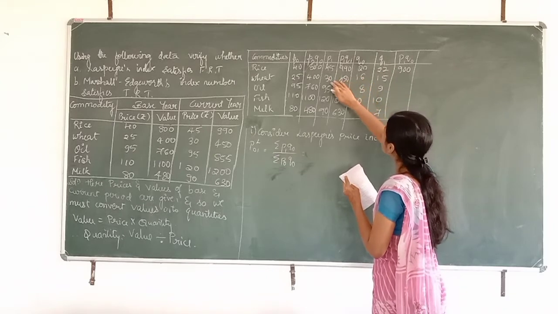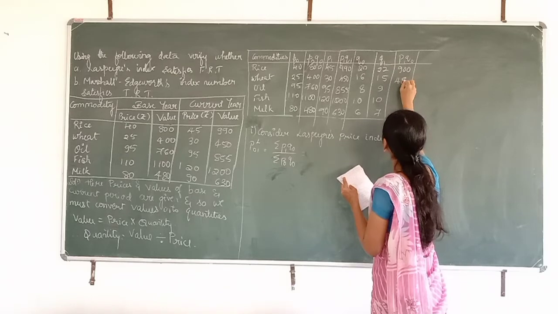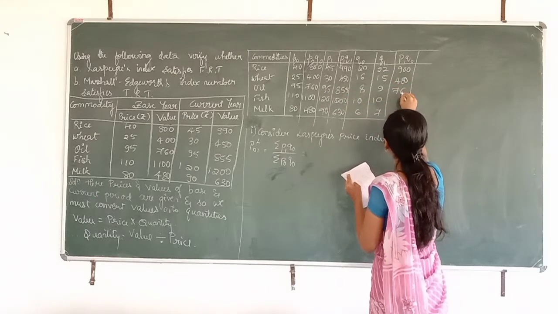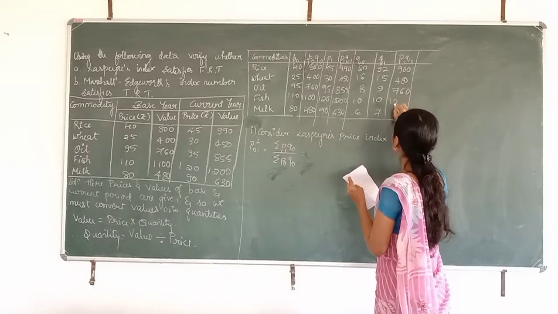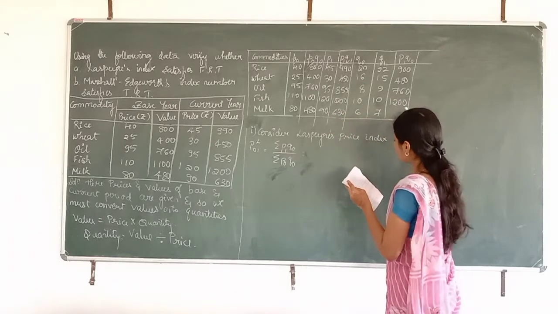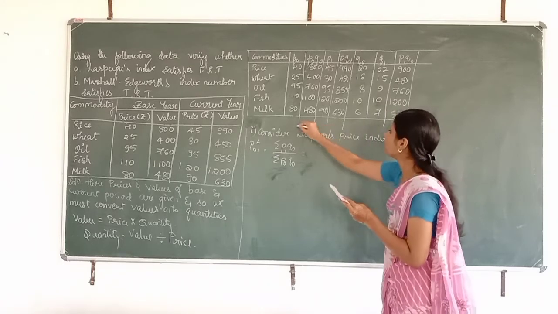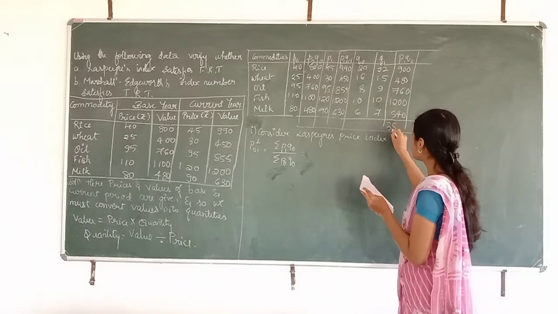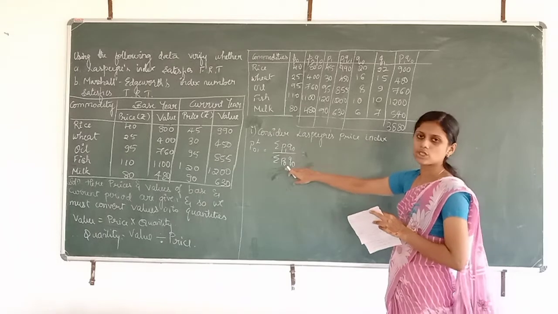Next 30 into 16 is 480. 95 into 8 is 760. Then 120 into 10 is 1200. 90 into 6 is 540. Now calculate the total of P1 Q0. When you make the total it comes to 3880.